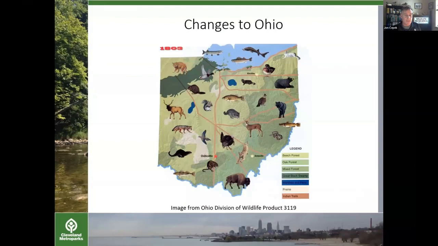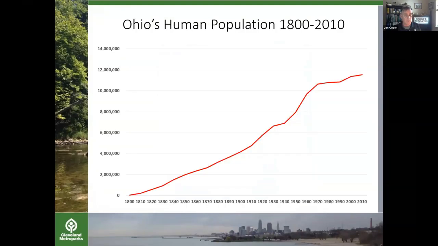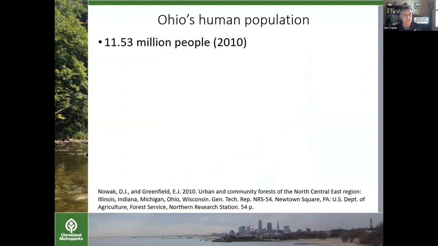Using Ohio as an example, let's consider the changes that have occurred since it first became a state in 1803, when it was 85% forested. European settlers add to Ohio's indigenous population, and the human population grows to 11.5 million people by 2010, according to the census data. So this is an incredible amount of our species in modern Ohio, in most modern states, right?